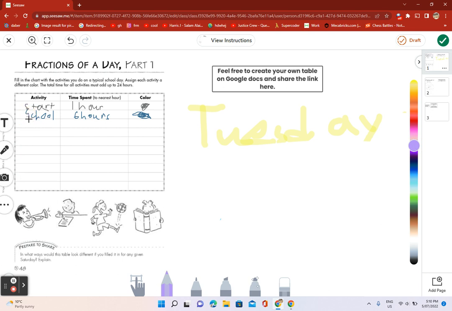Coming back from school and eating lunch, I'm just going to call it coming. Rounding it up, that would be an hour long. And the color is going to be the same one, I'm not changing any colors for the same chart.